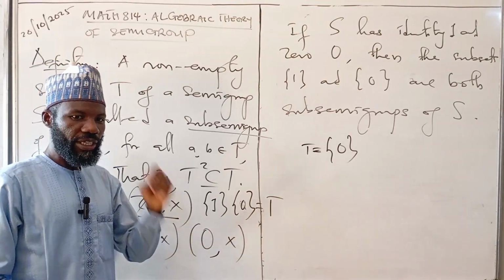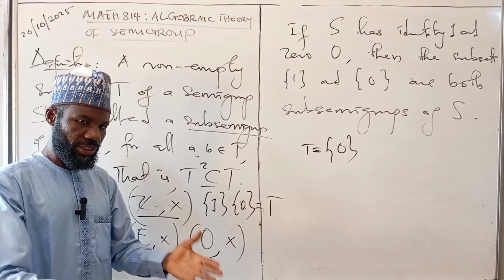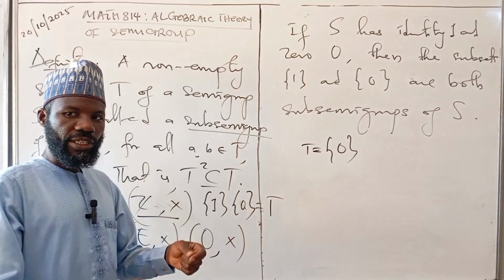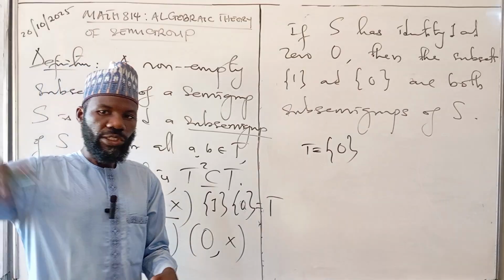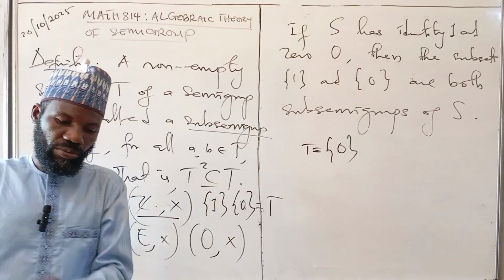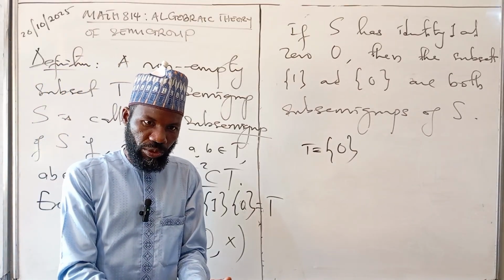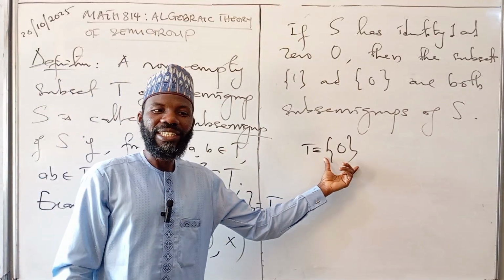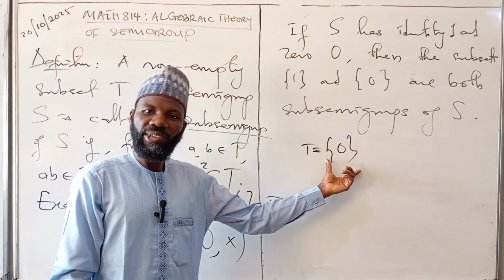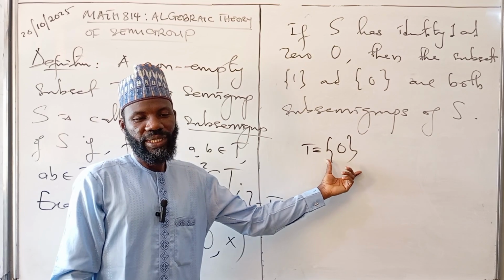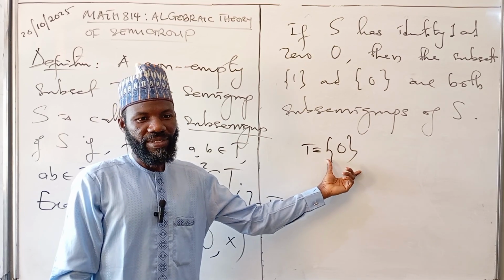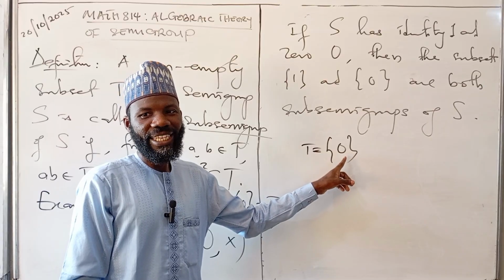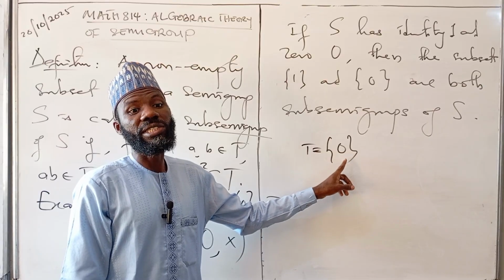No. I pick the zero element and see it as a singleton to form a subsemigroup. This zero was the zero element of the bigger semigroup, but inside the smaller semigroup, it is no longer a zero element but an identity element.